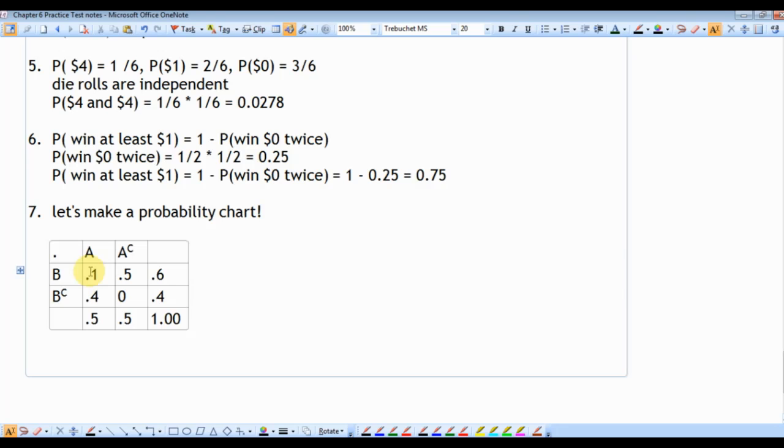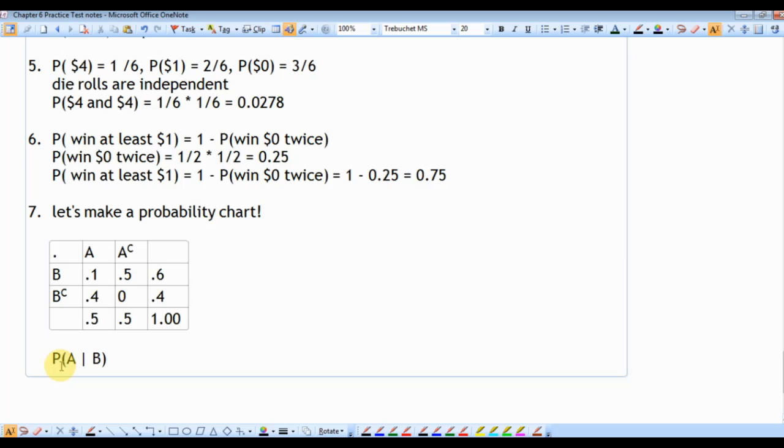I want to ask the conditional probability of A given B. What that means is, you know that B is true already. If you know that B is true already, what's the probability that A is going to happen also?